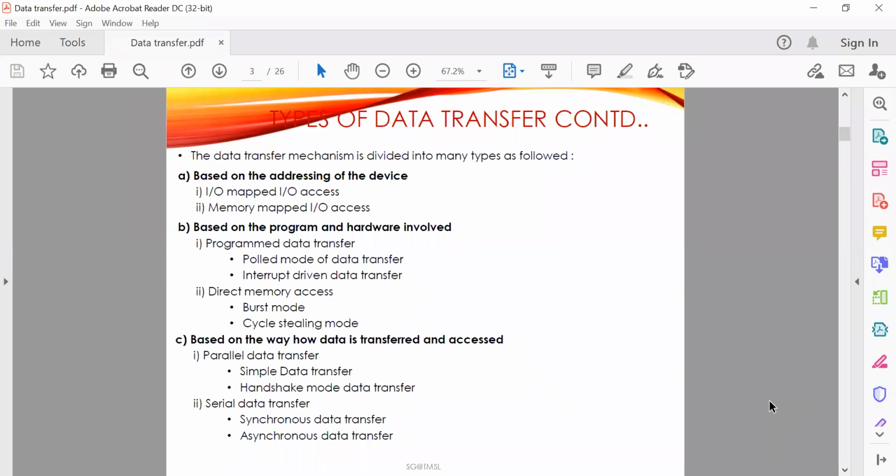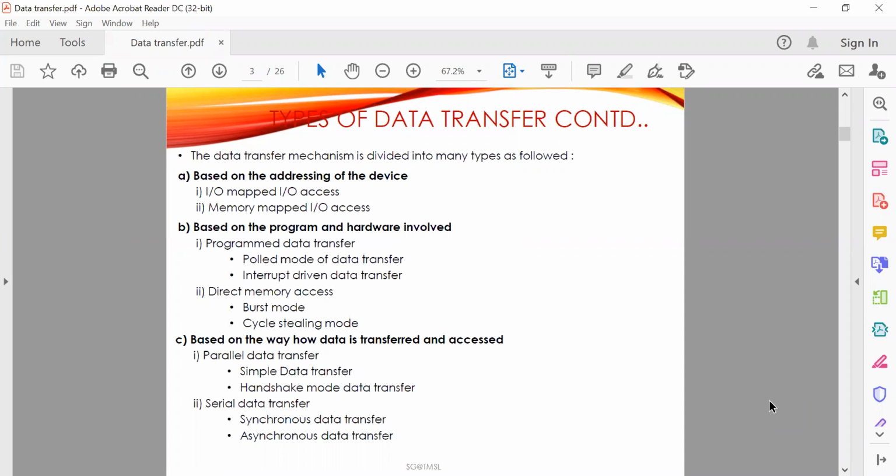Okay, so as you can remember, there were two pins in the pin diagram, HOLD and HLDA. So this HOLD is actually the hold request that is received, and HLDA, the hold acknowledge, is given from the 8085 to the corresponding device which is requesting service.